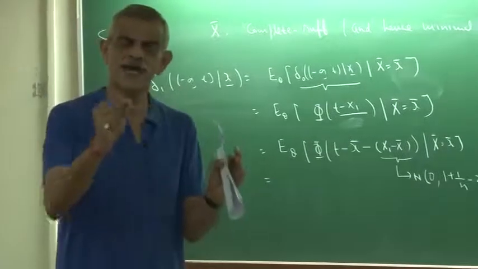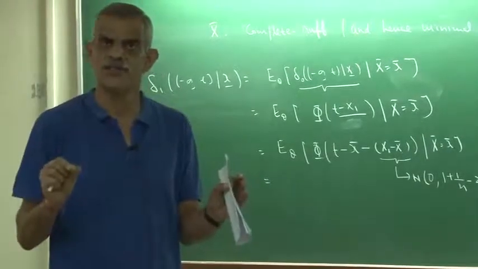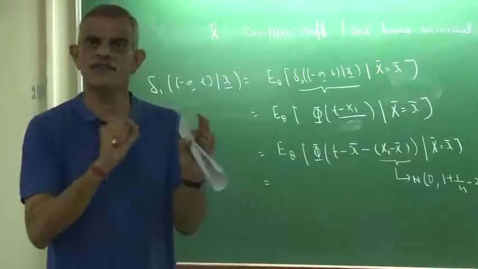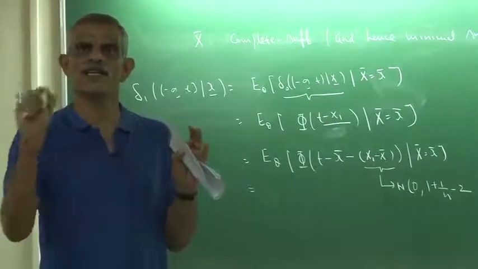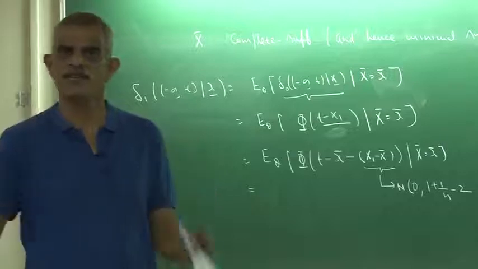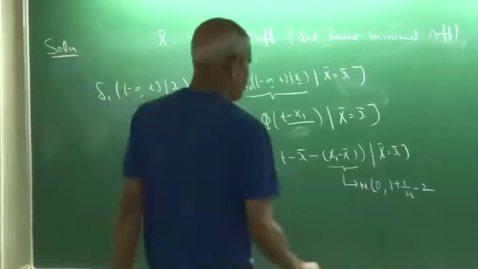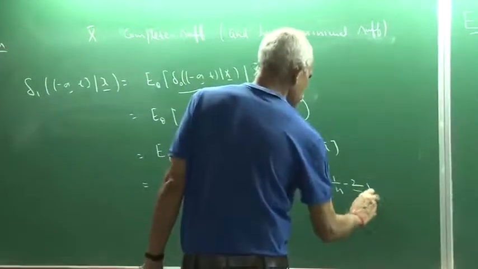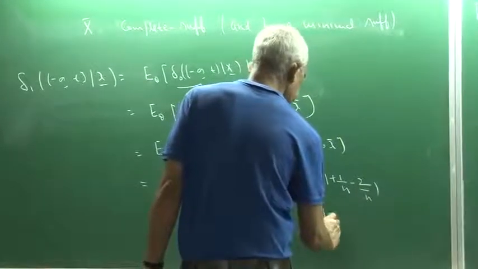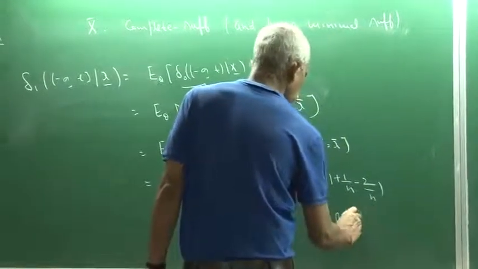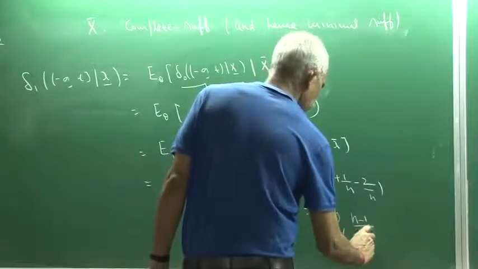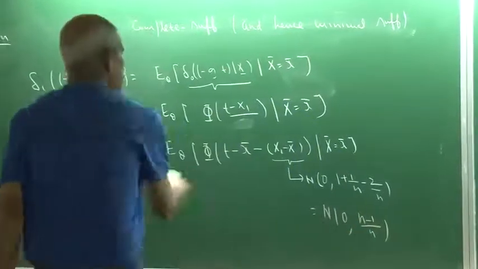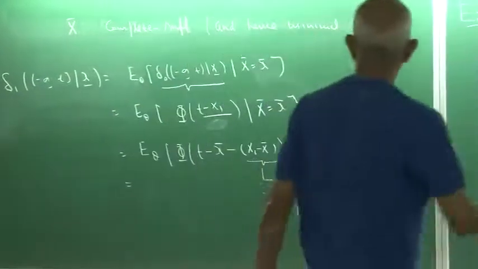Now note that x bar has x2 to xn also, so the only covariance factor will come through x1 upon n. So it will become covariance of x1 and x1 by n, which is 1 upon n times variance of x1, so it becomes minus 2 by n. So this is normal 0, 1 minus 1 by n, so n minus 1 by n. So what do you get over here?